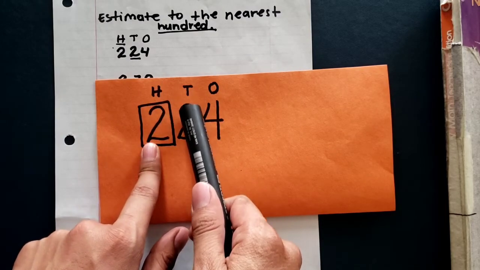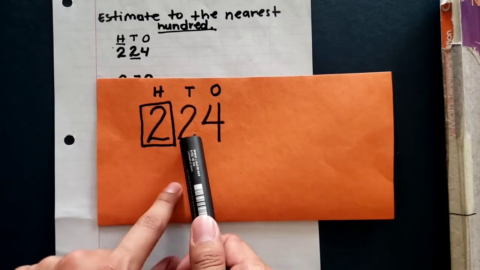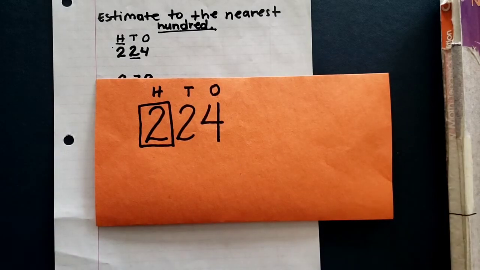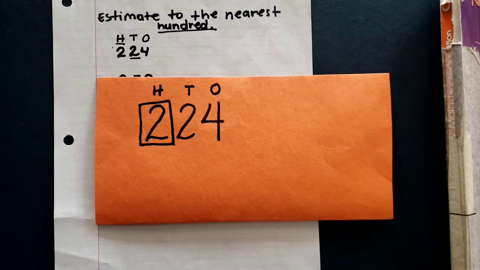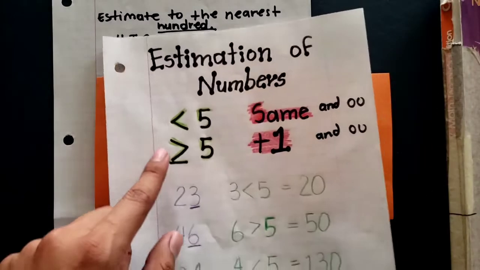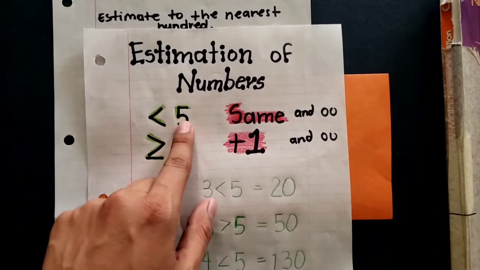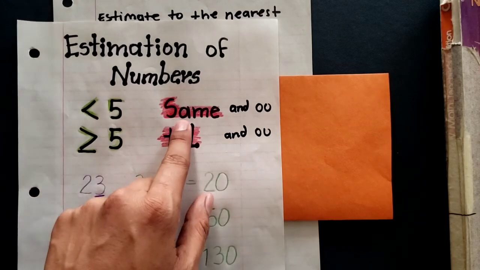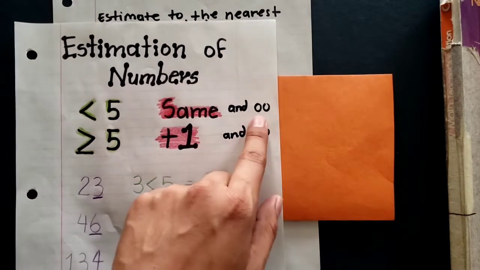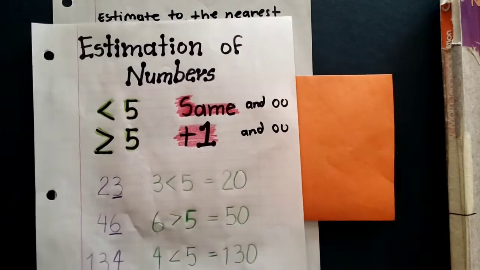Oh, it's the tens, mister. And what number do we have there? Another 2. Now we need to follow a rule. If that number is lower than 5, we're going to write the same 100 and add zeros.